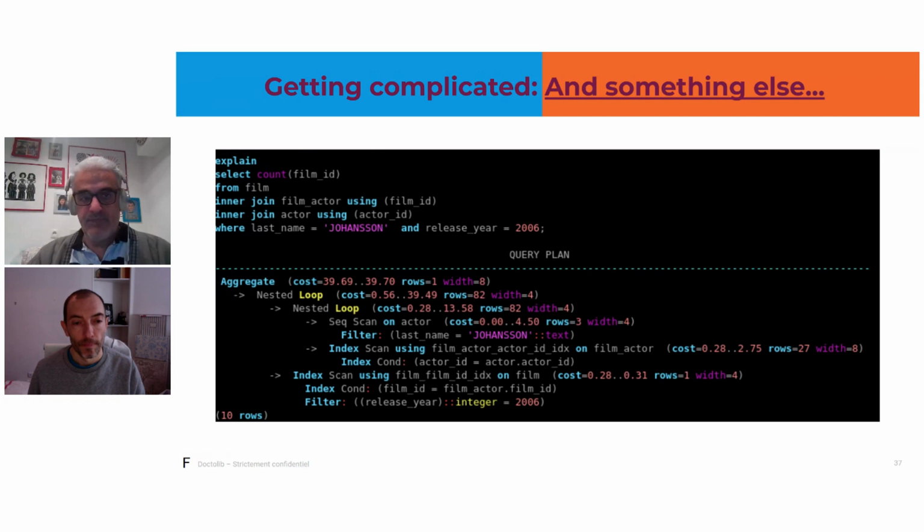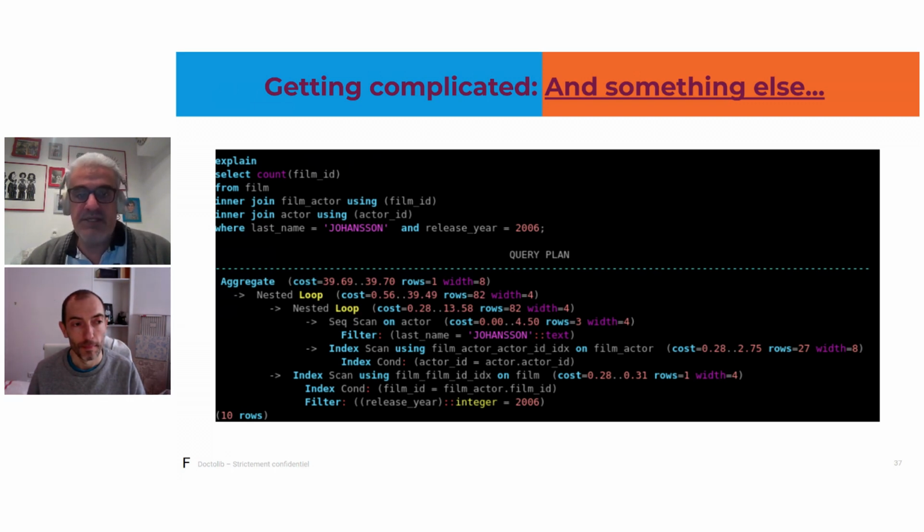So how do we read the plan right there? We actually have the index scan on film, and we filter out the year because I don't have an index on year. So Postgres decides to filter out the year, and then we can index scan film actor to retrieve the actors that correspond, and then a sequential scan on actor because I don't have an index on last name here.